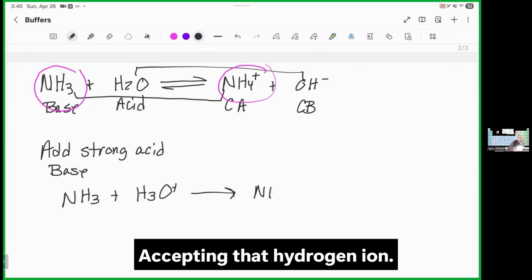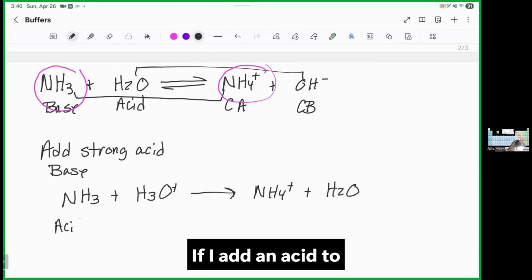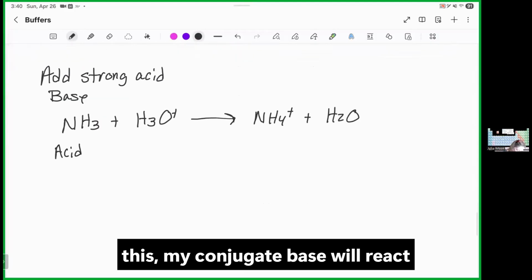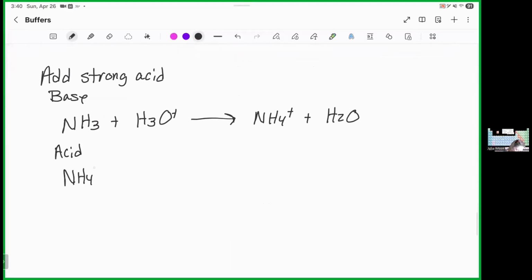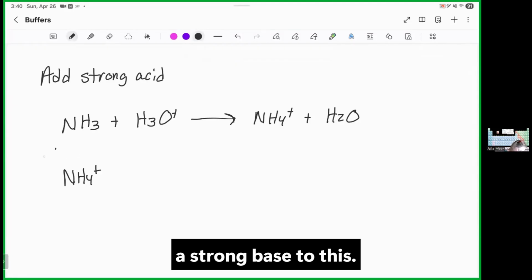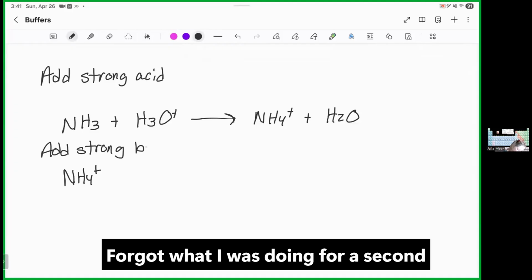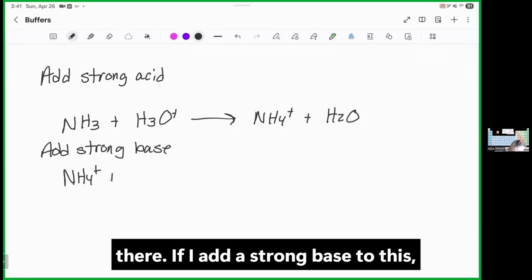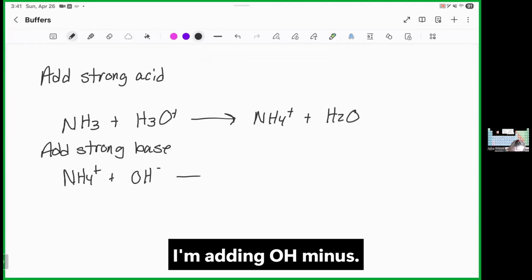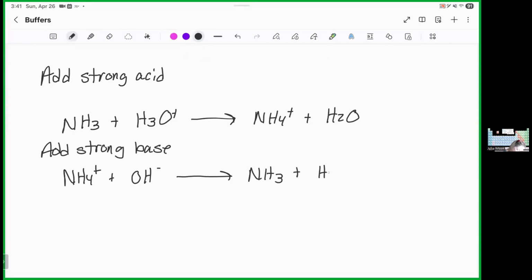My base will react with the strong acid, accepting that hydrogen ion and giving me back water. If I add a strong base to this, I'm adding OH minus, and my conjugate acid gives up its hydrogen ion.